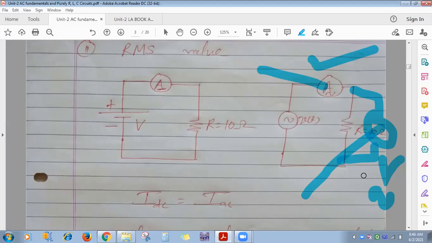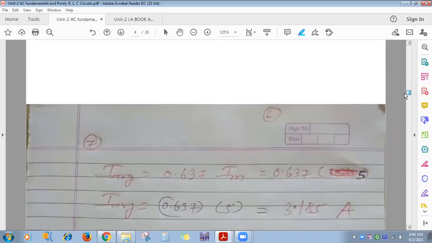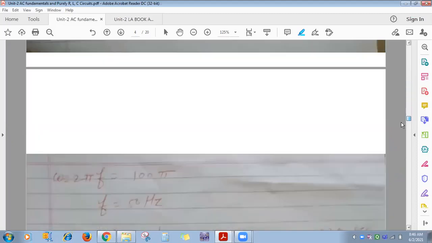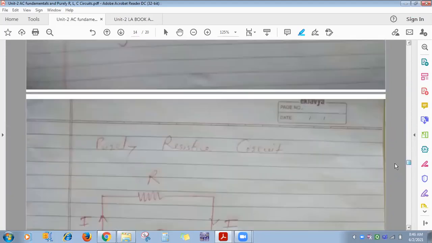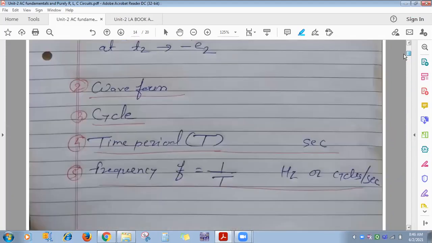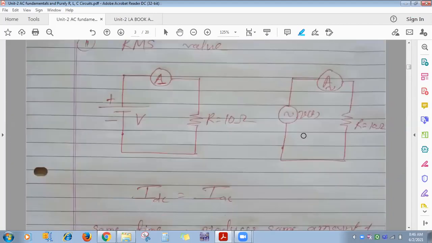Sometimes while solving a sum, the supply specifications are given to you. For example, in the sum they mention a single phase 220 volt 50 hertz AC supply applied across a 5 ohm resistance.